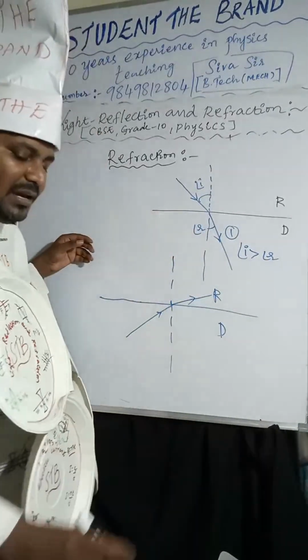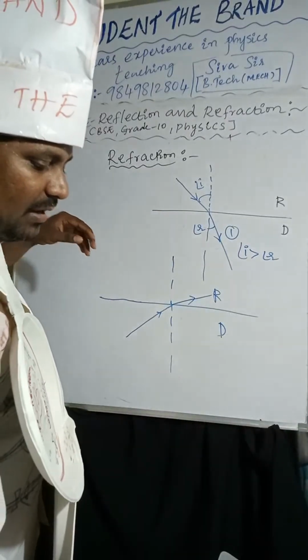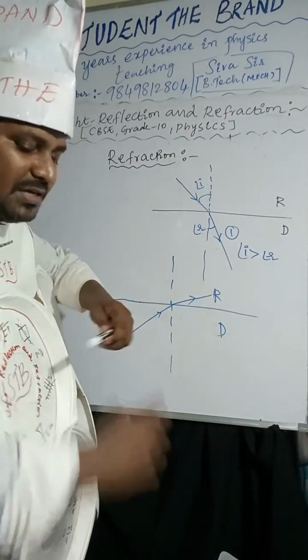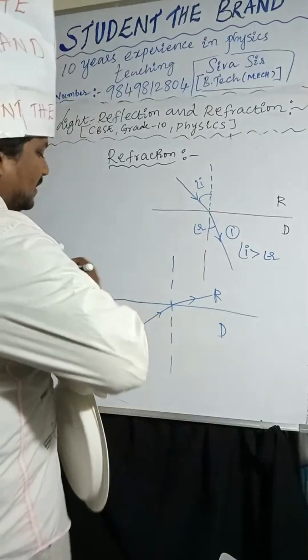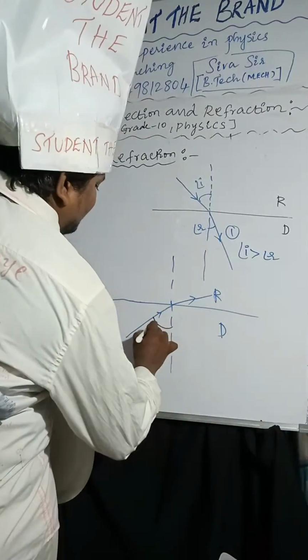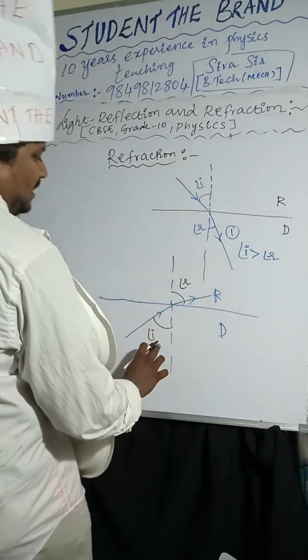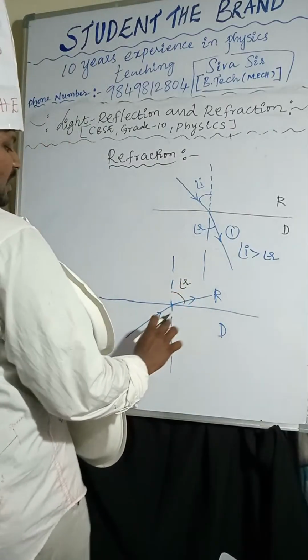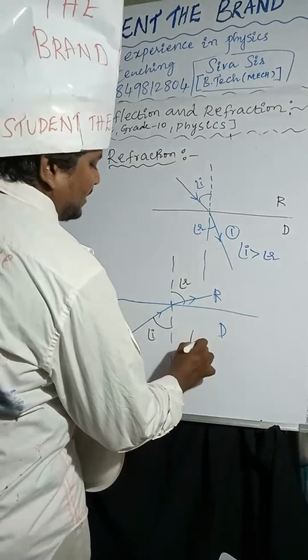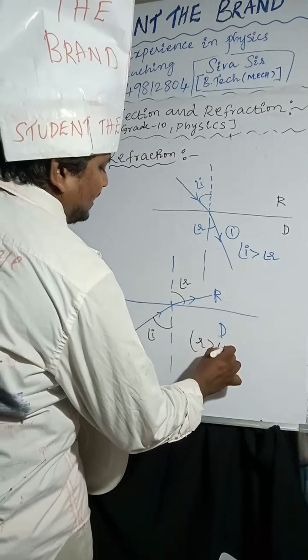This is the angle of incidence and this one is the angle of refraction. In this case, the angle of refraction is greater than the angle of incidence.